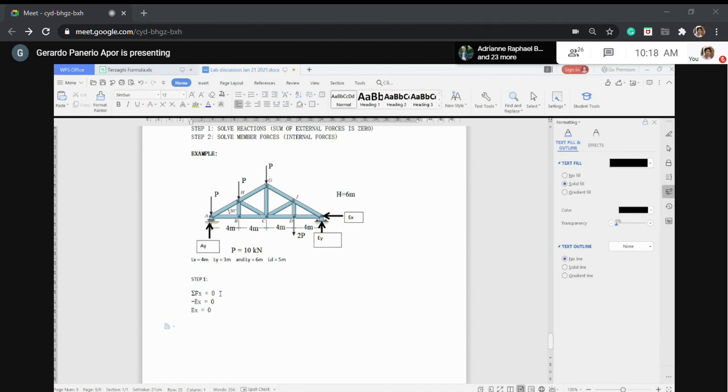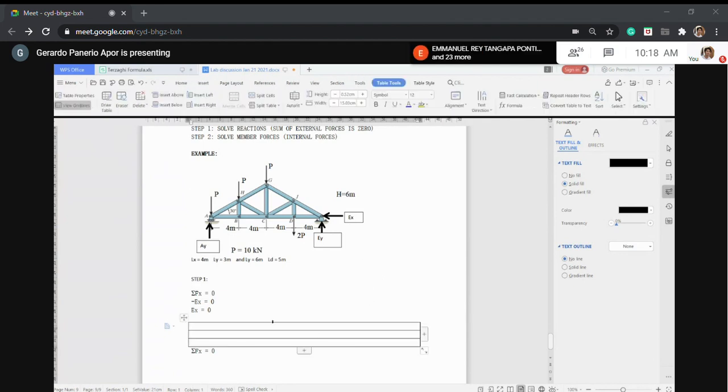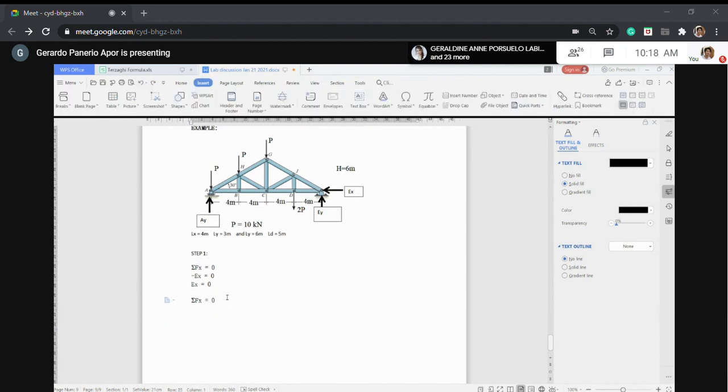Now, if you sum up forces in Y equals to 0, okay, summation of forces X equal to 0, Y equal to 0.